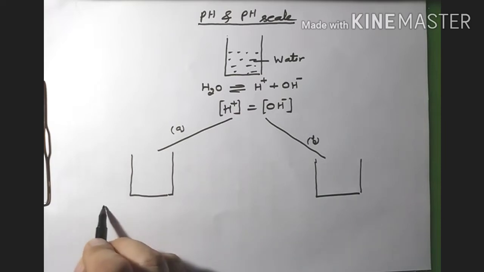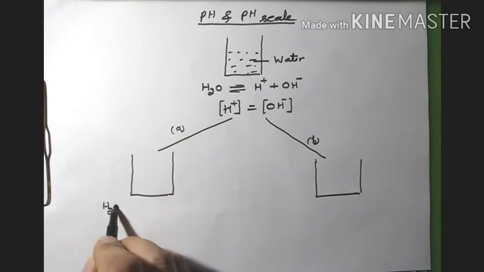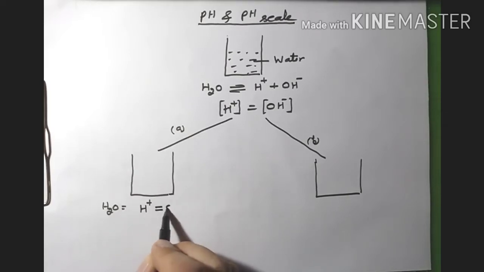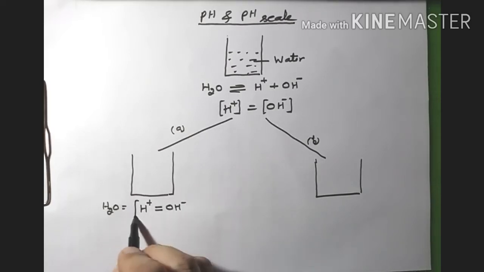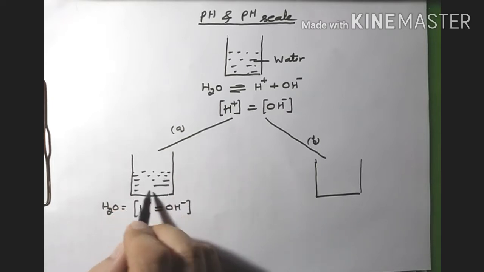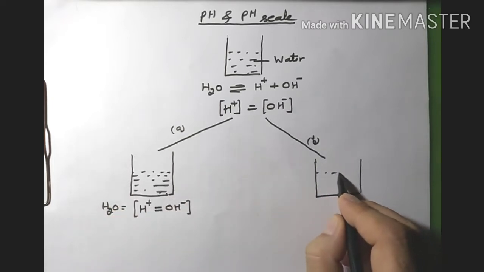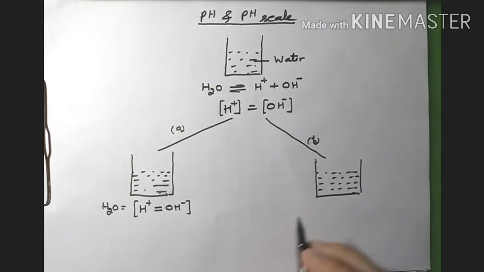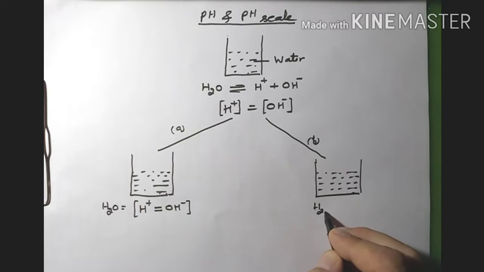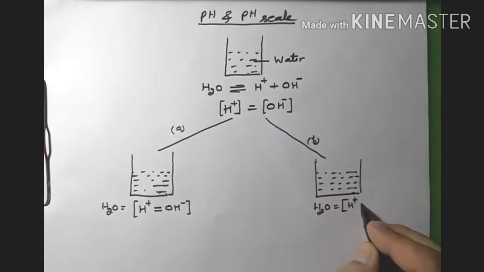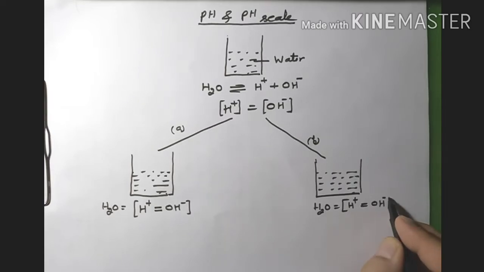So as I told you, if it is water, in this the H plus ion and the OH minus ion concentration are the same. Here also this is the water. In this also, water H plus ion concentration is equal to the OH minus ion concentration.